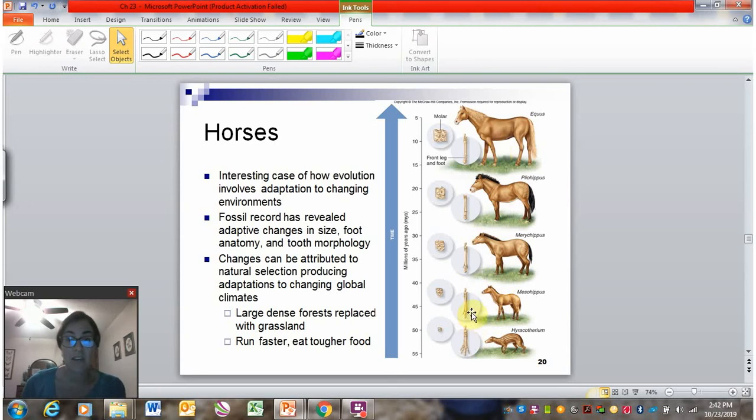We see the digits disappearing and becoming fused bone. That would become the hoof, again, for this traveling across the grasslands. And we see the molars become better and better adapted to chewing up that grass to maximize the nutrients that could be accessed out of it. So again, this shows us how organisms change over time.